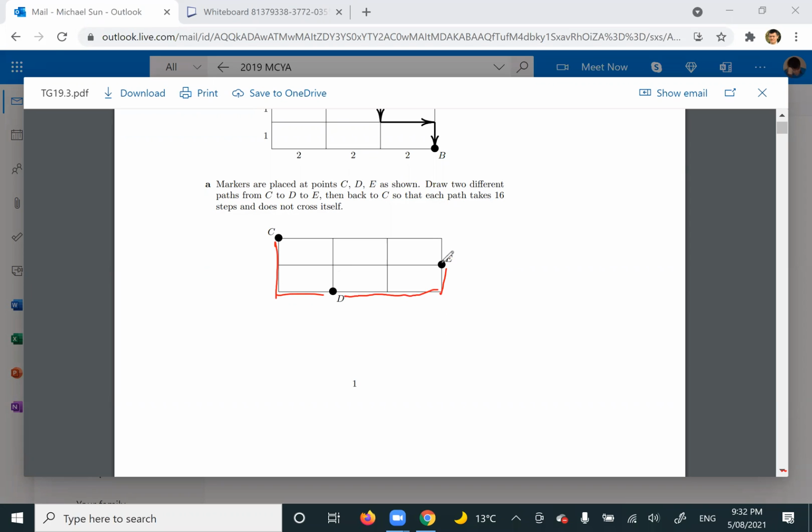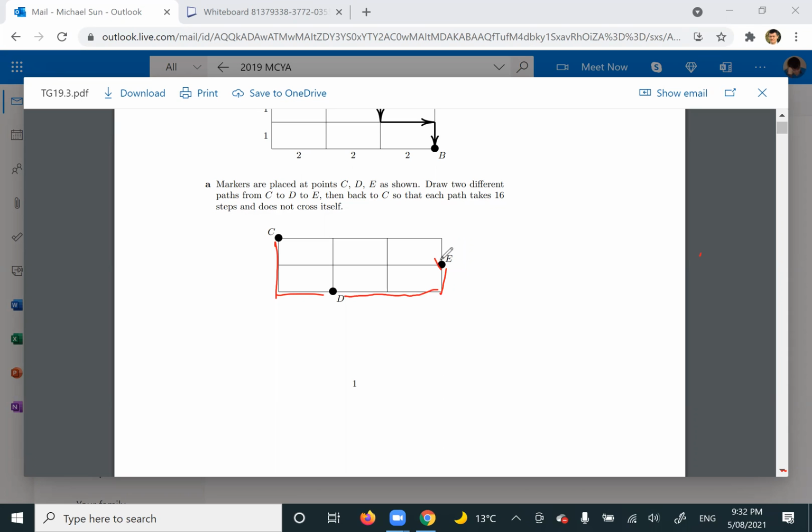And then going back to C, but go 2, 2, 2, and then 1. Because if you cross that way, it would also have a 1 there.